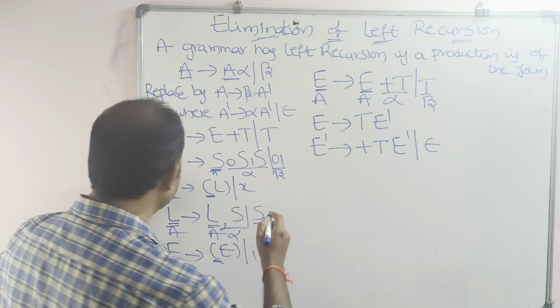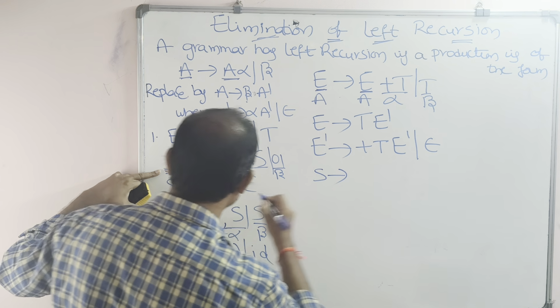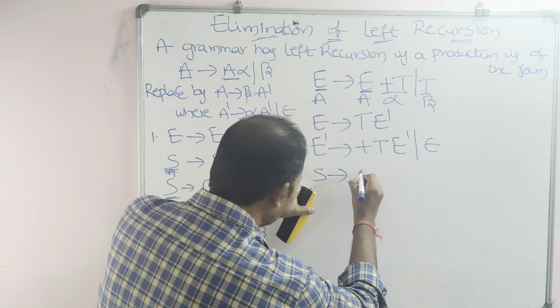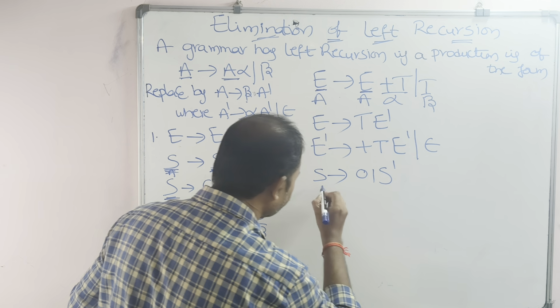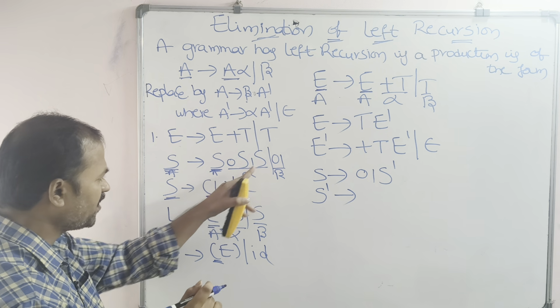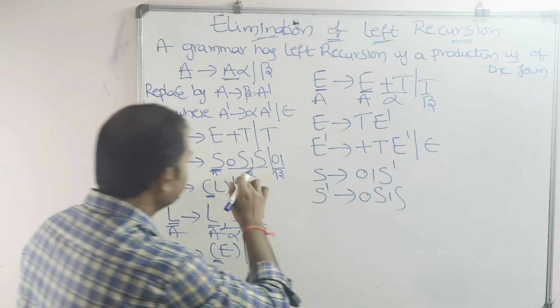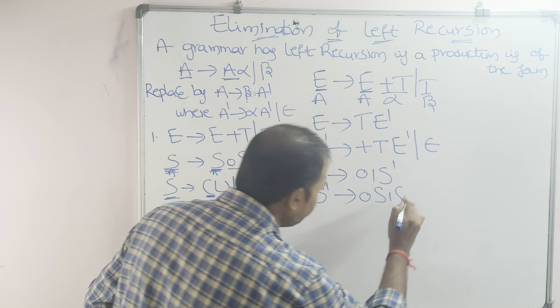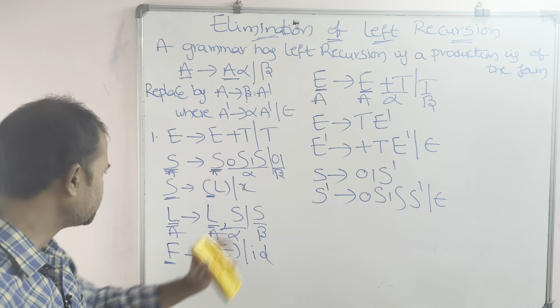So replace this production by S produces βS', where beta means 01 and A' means S'. S' implies αS', where alpha means 0S1S, so S' implies 0S1S S' or epsilon.